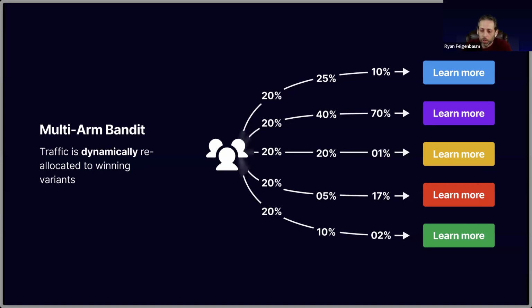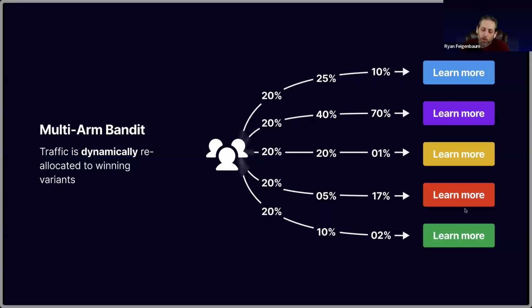When we look at multi-armed bandits, the picture is much different. We start out with the same scenario as a traditional A/B test, where you allocate equally traffic to each variation. So you start out with 20%, 20%, 20%, but then as the experiment progresses and it finds out that actually this purple button is performing better, it starts to allocate more traffic to that button during the experiment.